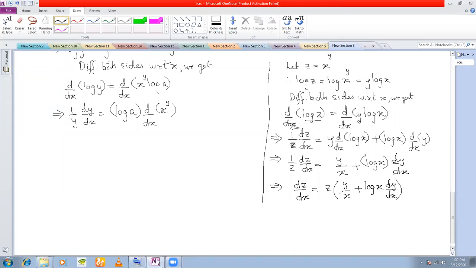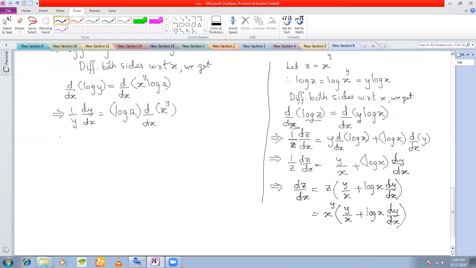Okay, this is what this thing is. Put the value of z, that is x to the power of y, into y by x plus log x dy/dx.